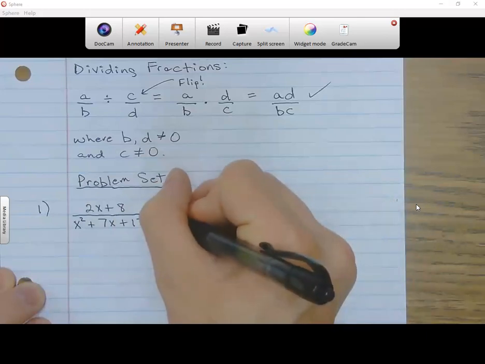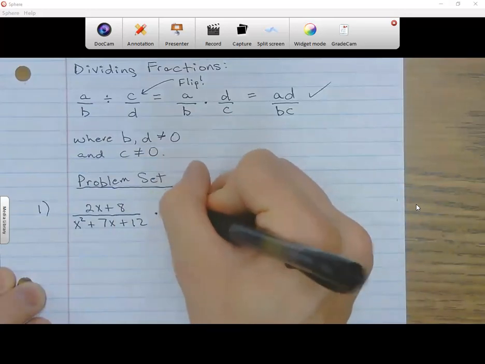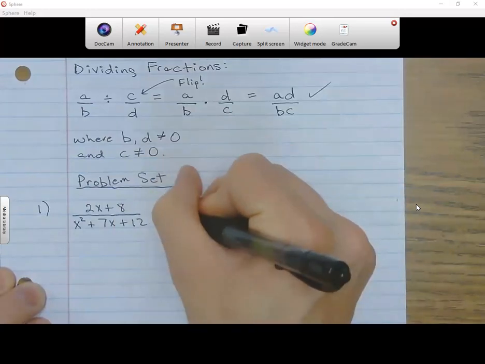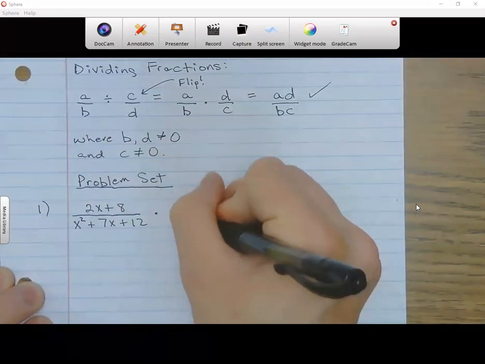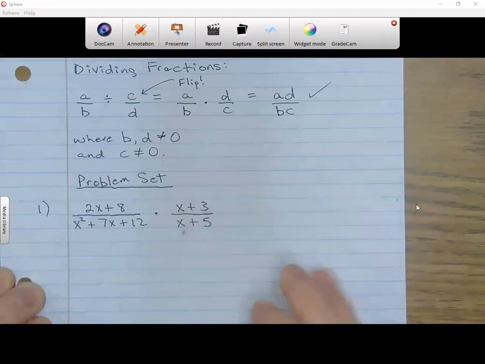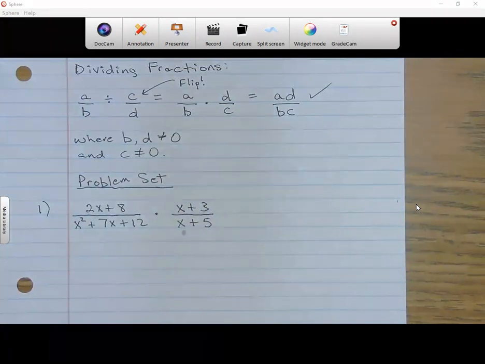And I'm going to multiply that by another fraction: x plus 3 on top and x plus 5 on the bottom. Okay, so I've got two fractions and I want to multiply them. The first thing I do is make sure everything is factored, so that I can start canceling out things later.